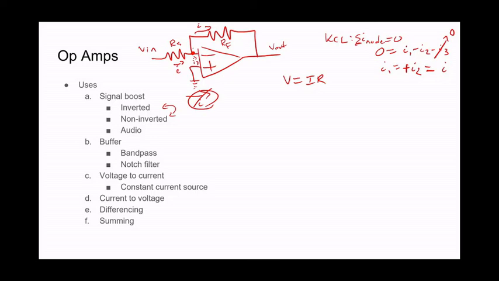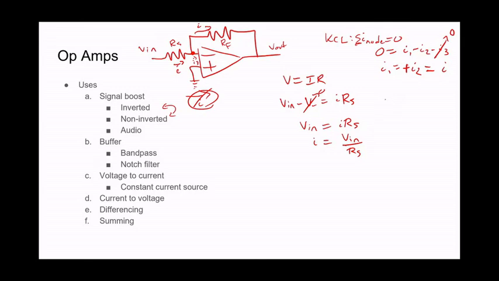So we have V in minus V negative, and that must equal the current I times R sub S. Now we apply rule number 2, which states that V negative equals 0, because V positive is directly connected to 0. We know simply that V in equals I times R sub S, or in other words, I equals V in divided by R sub S.